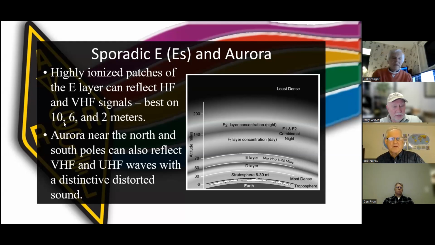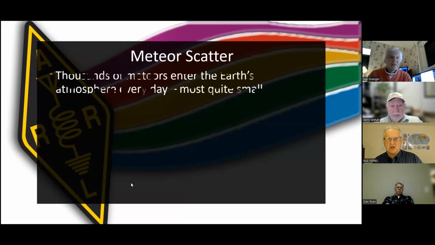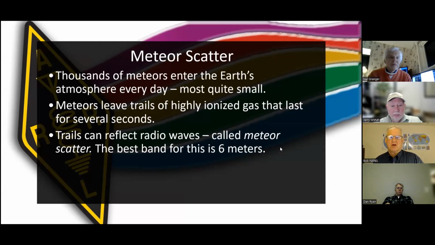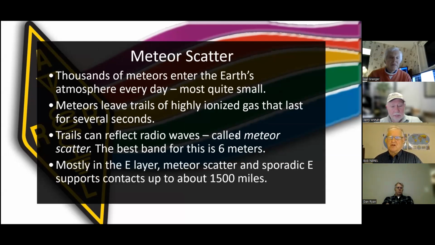The highly ionized part works best on 2 meters, 6 meters, and 10 meters. The auroras near the north or south poles can reflect signals, but with a distinctive distorted sound, and you heard it. With meteor scatter, you heard what that sounded like. Again, meteor trails only last a very, very short time, so you've got to be on the ball.